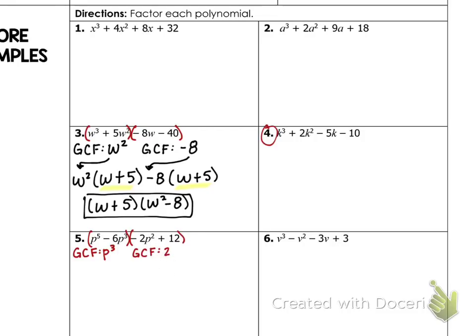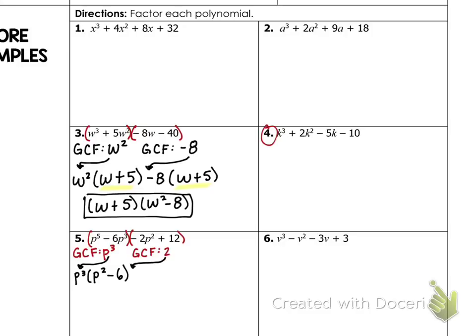Okay, so let's take out P cubed, and what are we left with? P squared, because if we had 5 P's to start with and we took away 3, we have P squared left, minus 6. Our P cubes cancel out. 6P cubed divided by P cubed is just 6, -6, okay?